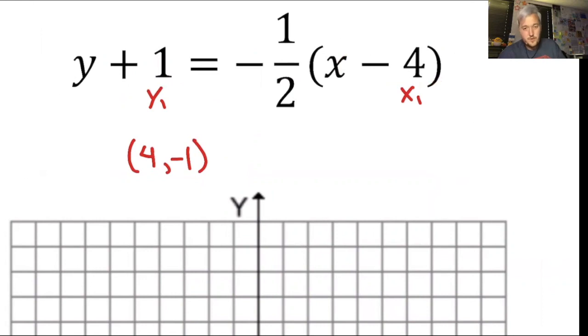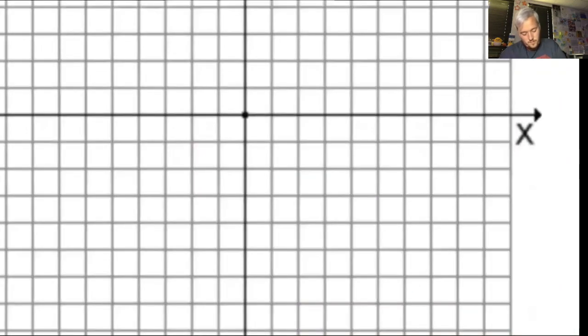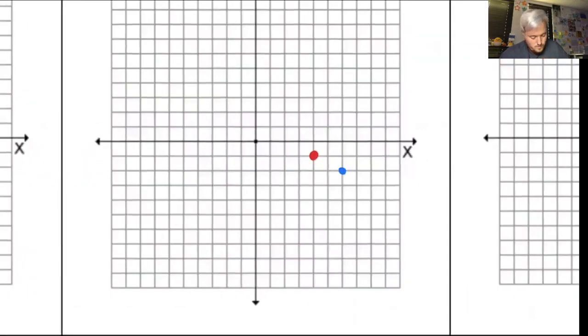All right, and then I'm going to do a slope of -1/2. So at 4, -1, put a point. And I want to go down 1, right 2. So I just need one other point. And I can draw my line.